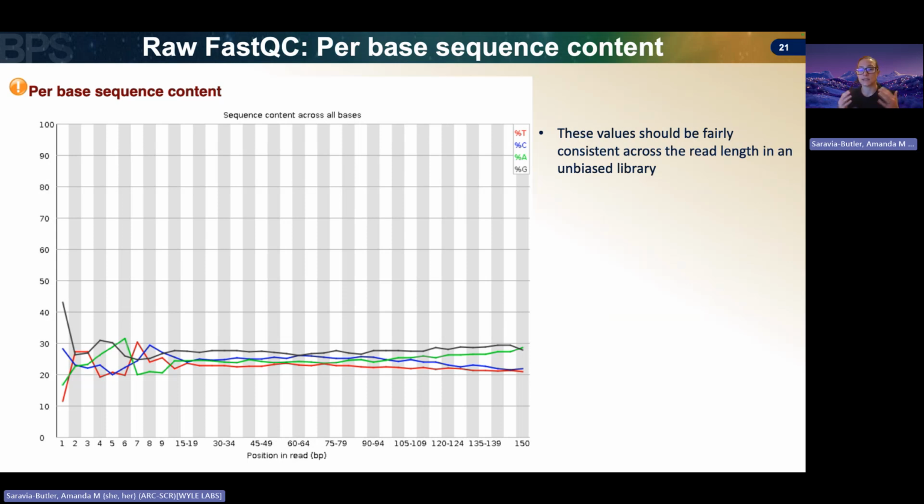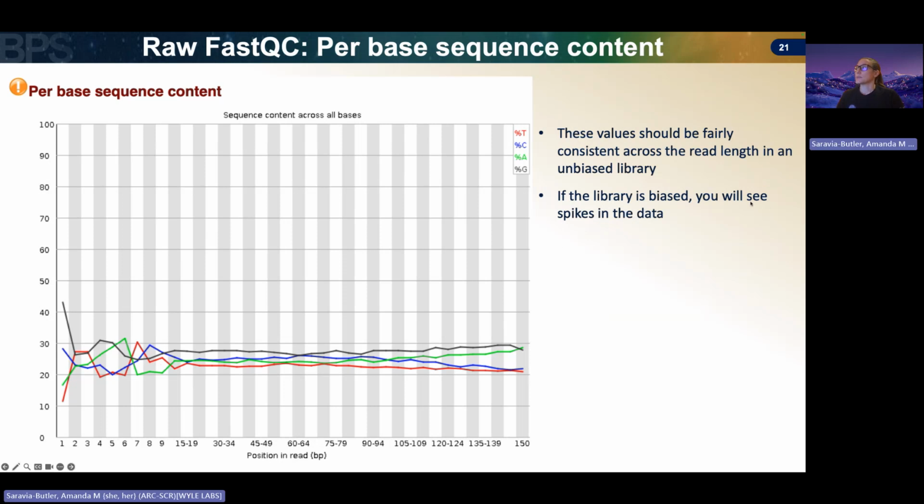The idea is that those 6 random base pairs will unbiasedly start reverse transcribing that RNA and ensure that all the RNA is reverse transcribed. However, although that hexamer should be random, there's always going to be some bias in biology. Because of that slight bias, we do see it show up in this per base sequence content for those first roughly 6 or so base pairs.